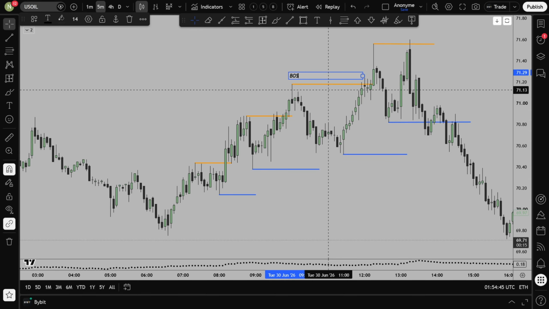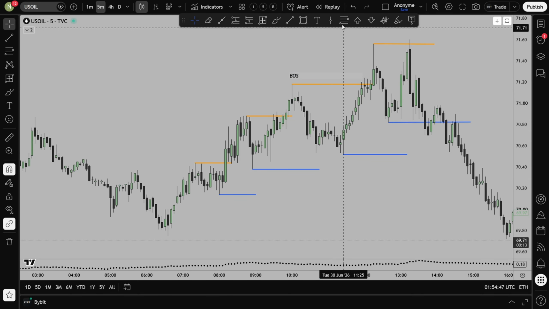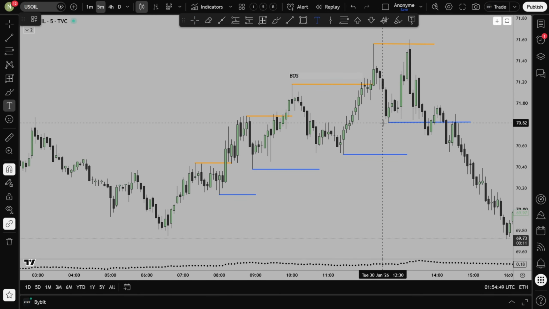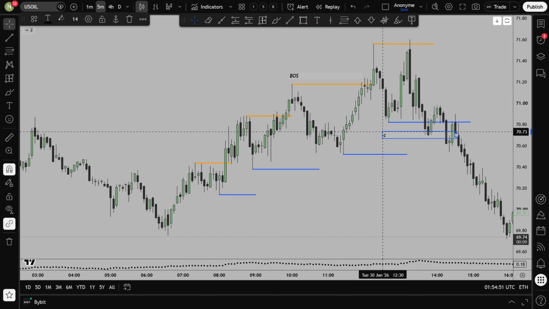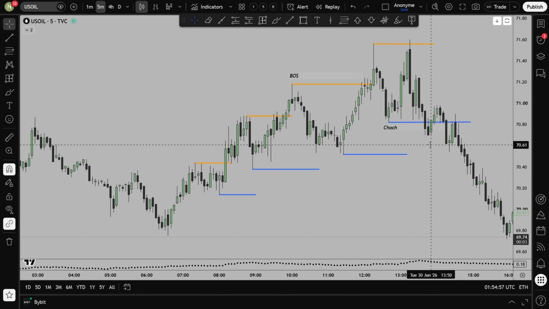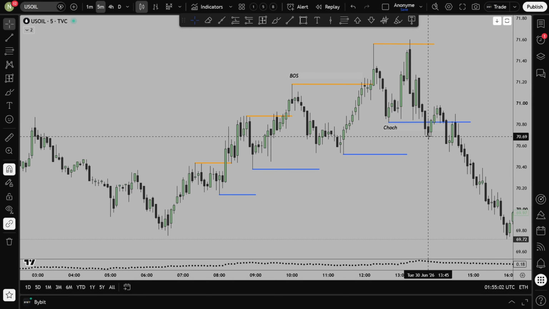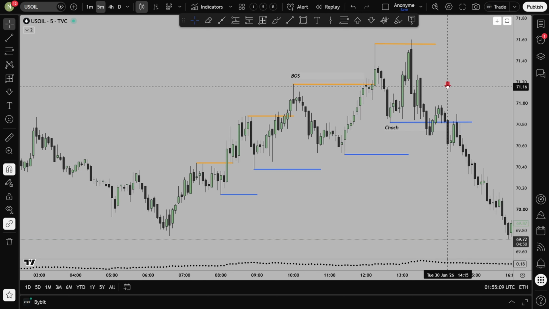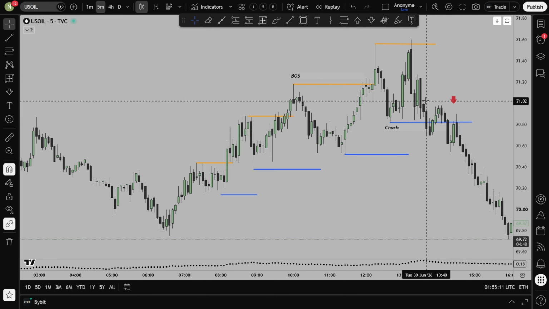This is break of structure, and the name here is change of character. Great. So once we have change of character, which happened here, this is a sign that we could have a reversal.